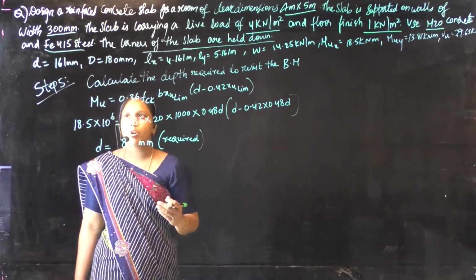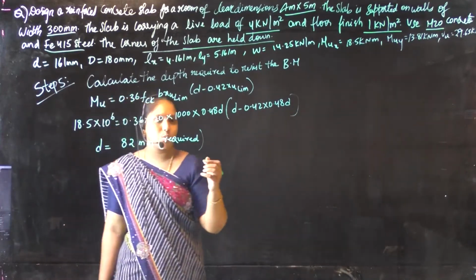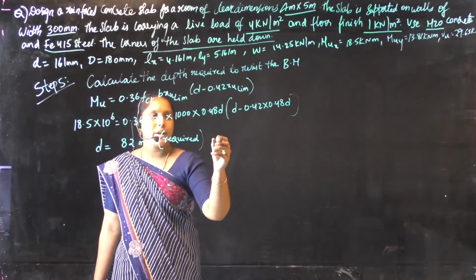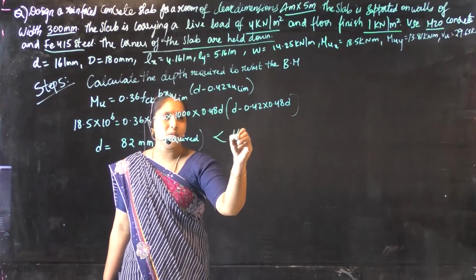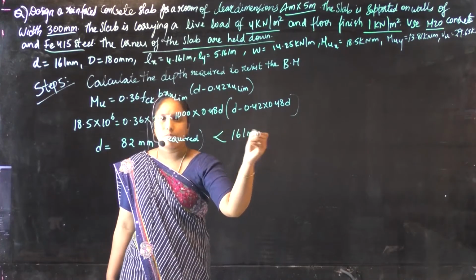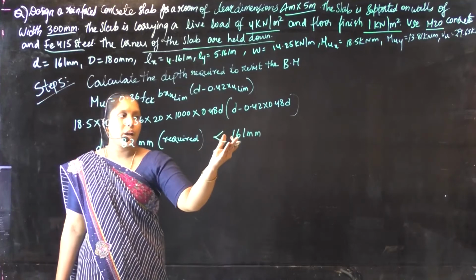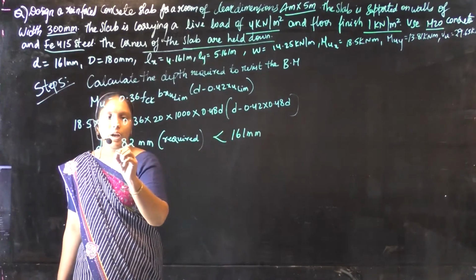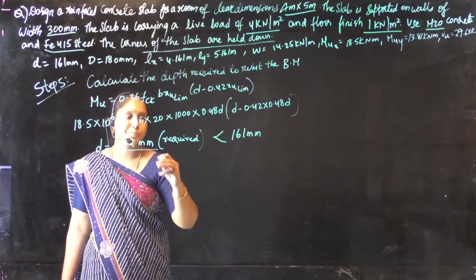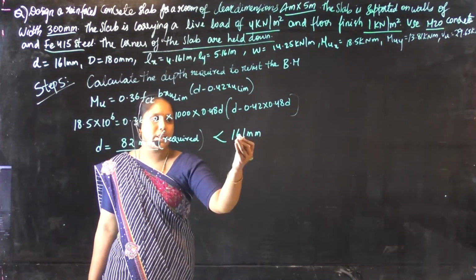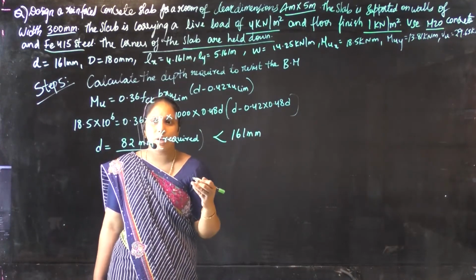The effective depth what we have provided is what? It is 161 mm. So 82 is less than 161 mm. So the required effective depth is 82 mm, but we have provided more than that, that is, we have provided 161 mm.